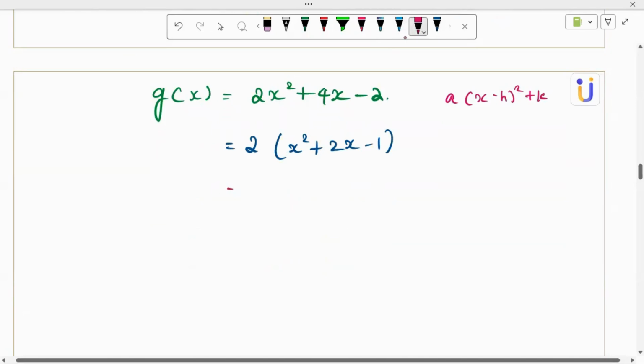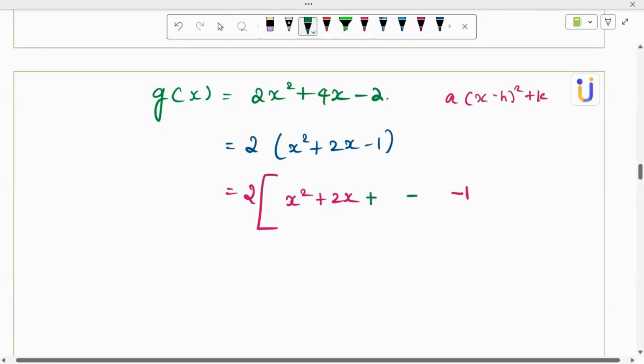Now, how to complete this? Inside the bracket we need to work out something. So x square plus 2x, and let this constant be written a little away from the two terms, and we're going to add and subtract something here to compensate. What should I add?